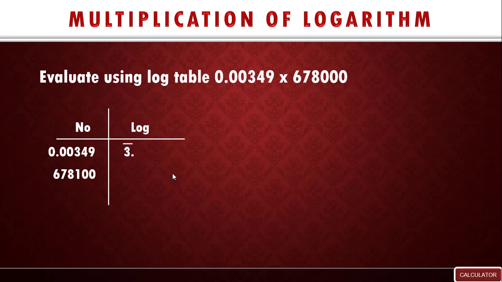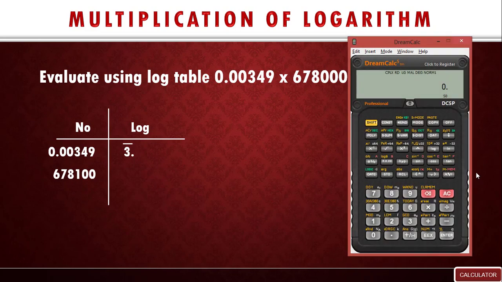Having gotten your characteristic to be bar 3, the next thing is to go into your log table and check the log of 34 under 9. Or if you're making use of your calculator, you can use your calculator. If you remember, I want you to take notes here. We've determined the characteristic, so we are only making use of a workaround here.